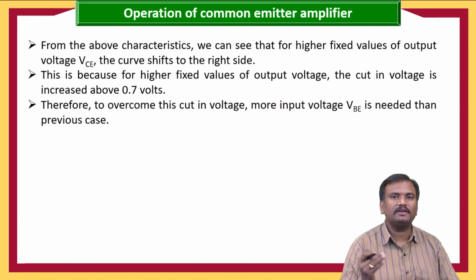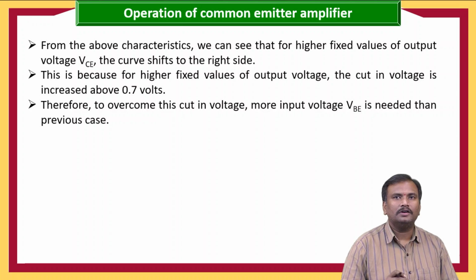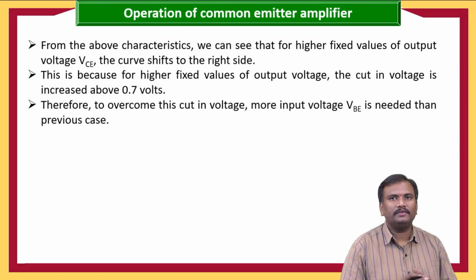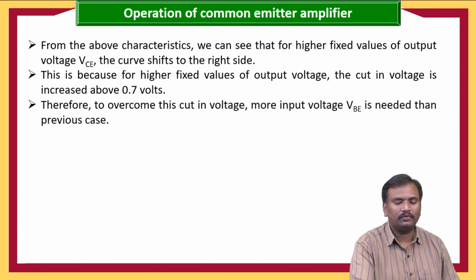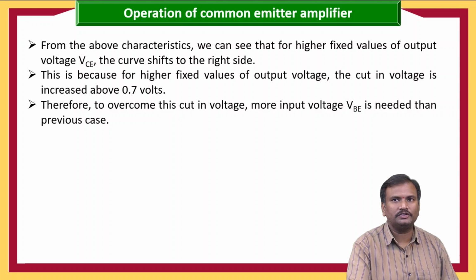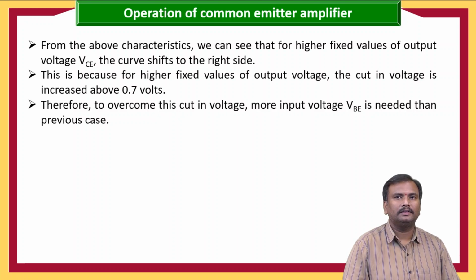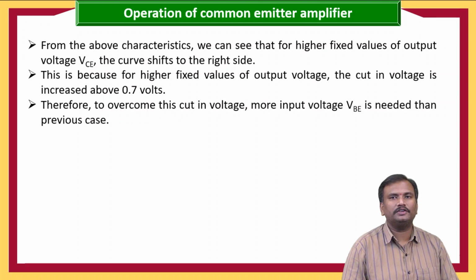When we are changing the VCE value, because of the VCE value, the cut-in voltage for the input side is going to vary. Therefore, in order to overcome this cut-in voltage, more input voltage is needed than the previous case.